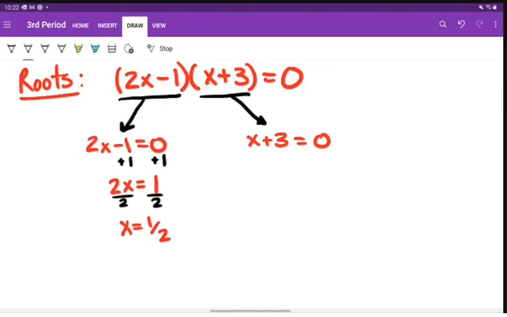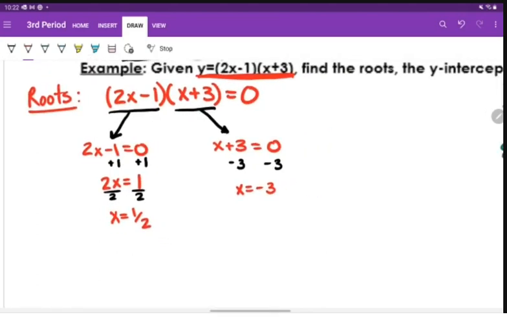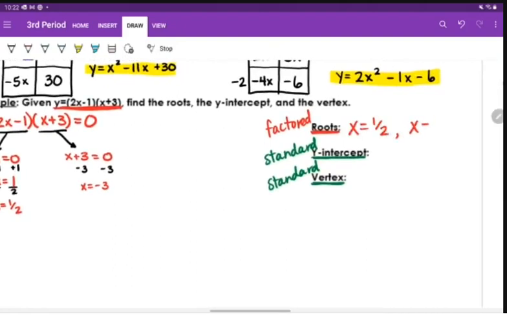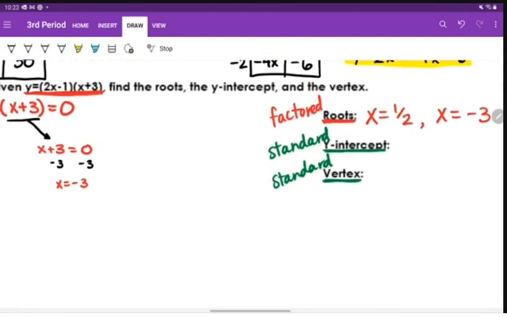Now on the right, this one's even easier. To get this x by itself, we just subtract 3 from both sides, and you end up with x equals -3. So we got two answers. Our roots are x equals 1/2 and x equals -3, and we got those roots by using the factored form.